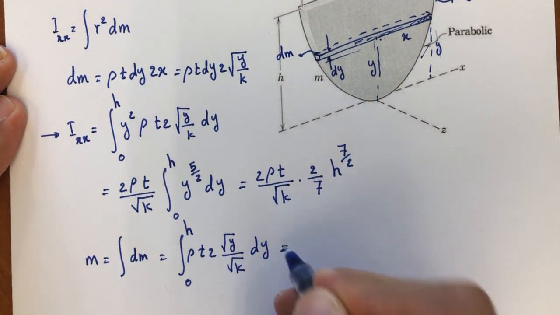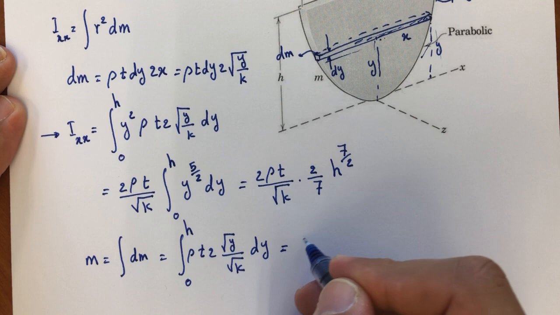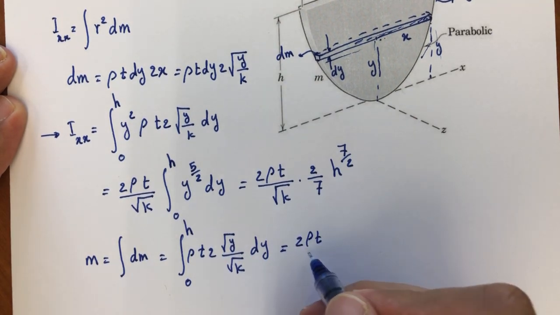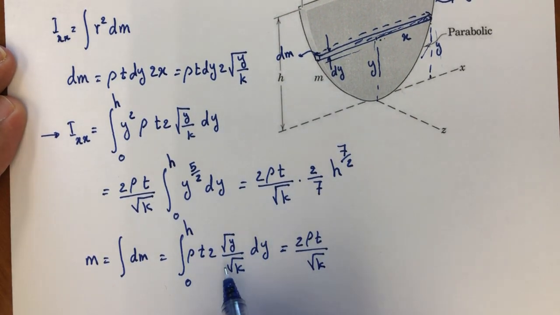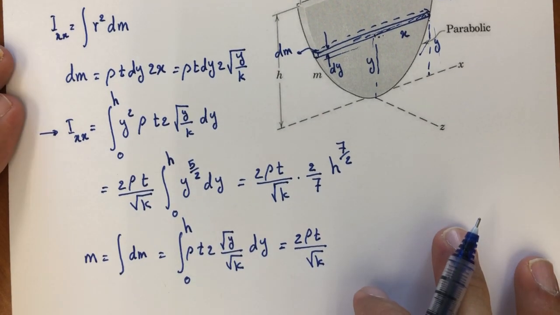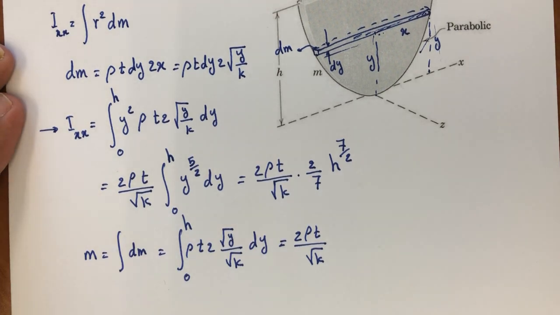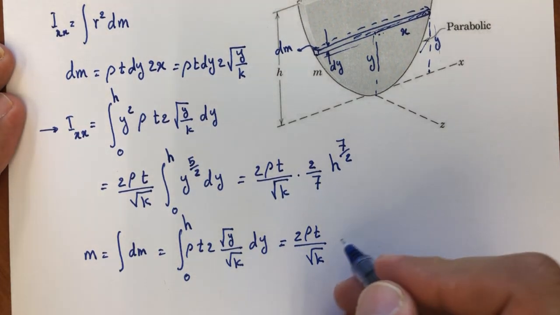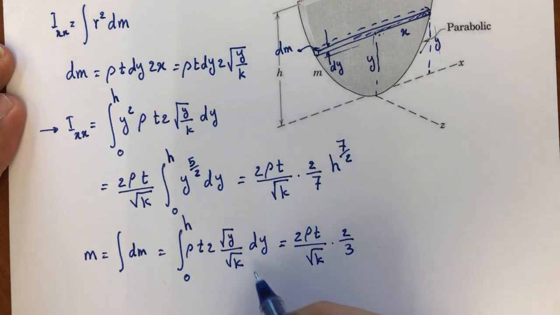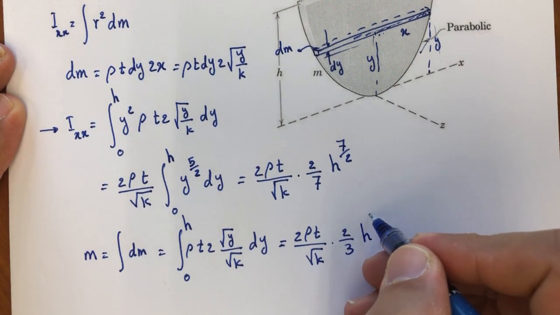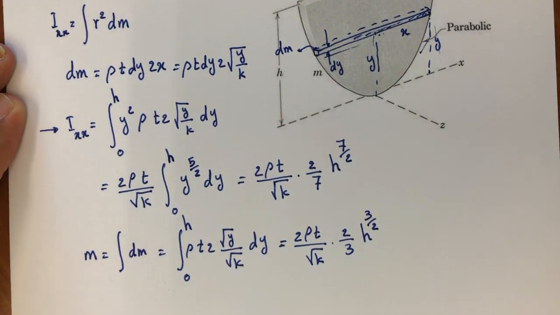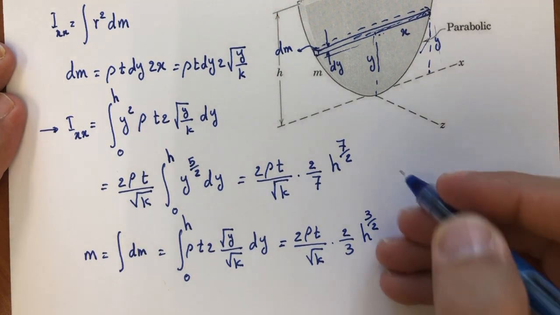And we can do this integral. Again, you can take out this 2 rho t divided by square root of k. The remaining is going to be square root of y. The integral of it is going to be 2 over 3 times y to the power of 3 over 2. From 0 to h is going to be h to the power of 3 over 2. So this is mass.